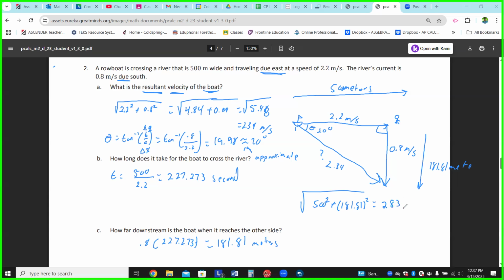Maybe it's 280. Is it 283? Okay, that makes more sense. Okay, so I'm about to say, I think it has to be more than 500. So 532.02. So really, this guy traveled 532 meters from this point to this point to account for that current. So there you go.